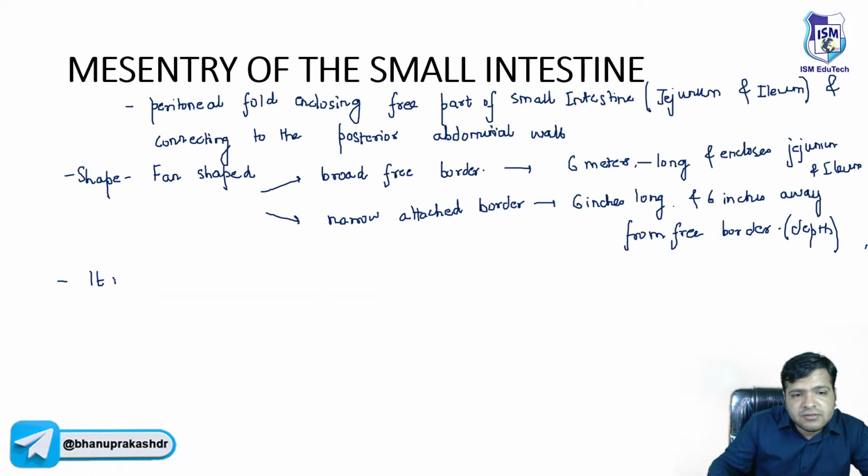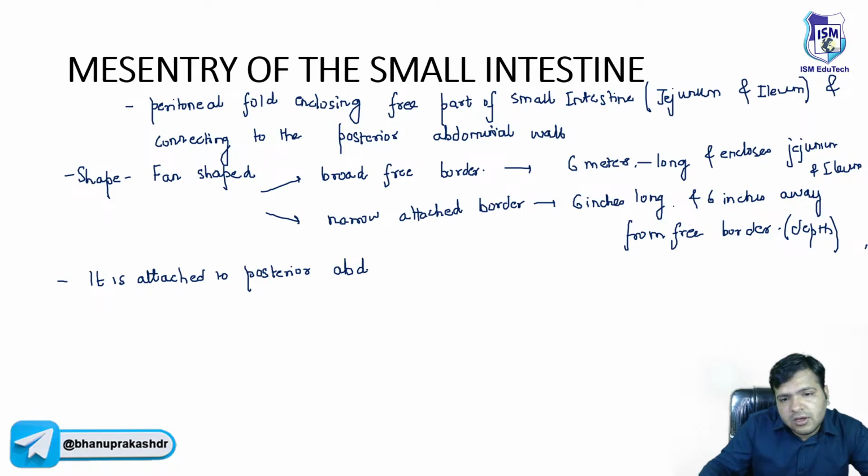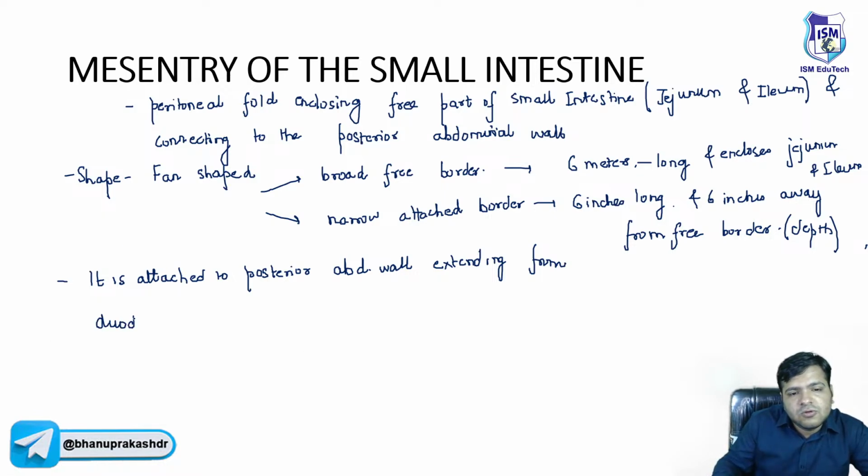So remember, beta, the mesentery is attached to the posterior abdominal wall, extending from the duodenojejunal flexure, and it is to the right side at the ileocecal junction.